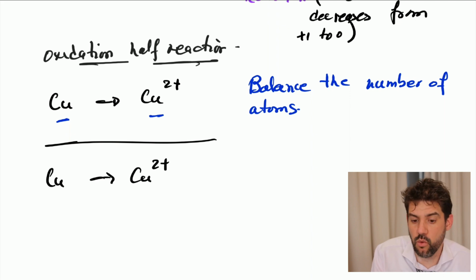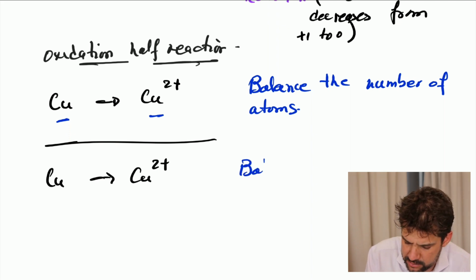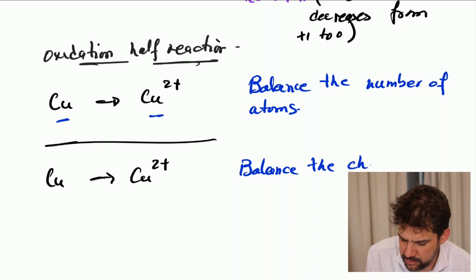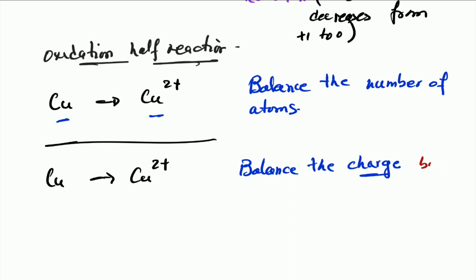Cu2+. Now we are going to balance. Once you balance the number of atoms, you are going to balance the charge. Now, to balance the charge, we're going to add electrons.